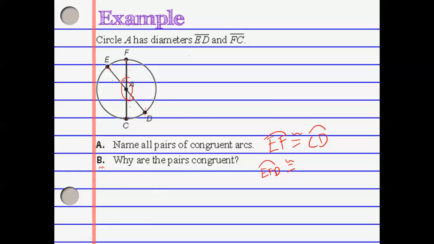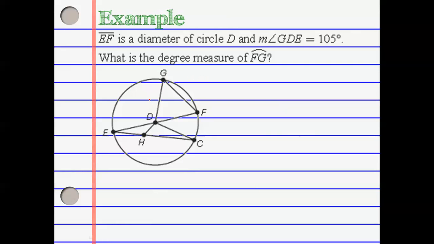And if we look at this other diameter, FC, then FDC is also 180 degrees. So we know that those two arcs are congruent. We also know that these other two minor arcs across from each other, minor arc EC and minor arc FD, are congruent as well. So those would be the congruent arcs.